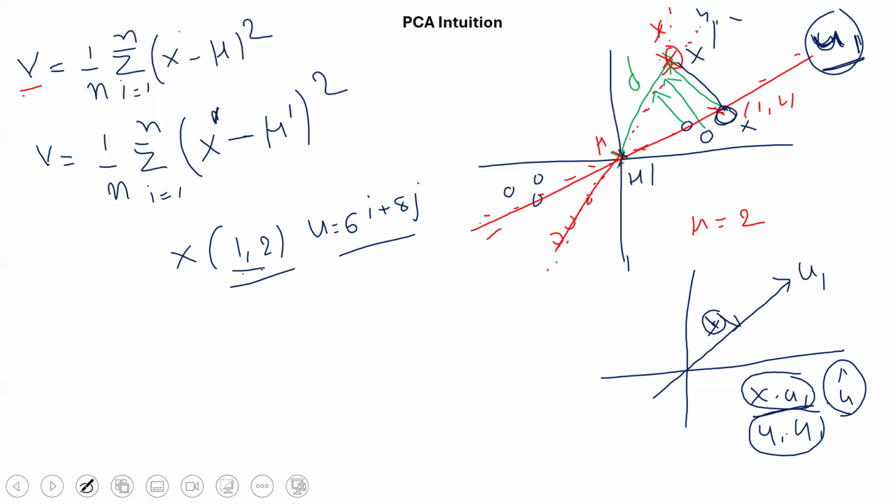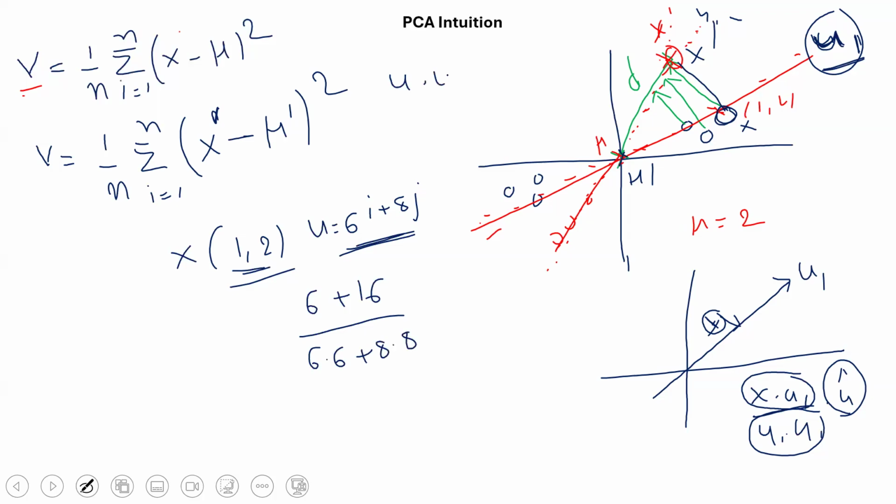To get this point on the vector, I have to do a dot product: 6 into 1, 6, plus 8 into 2, 16, divided by u dot u, which is 6 into 6 plus 8 into 8.